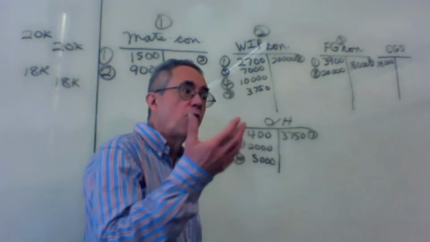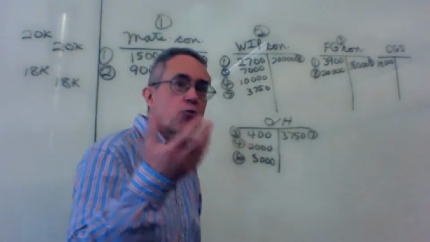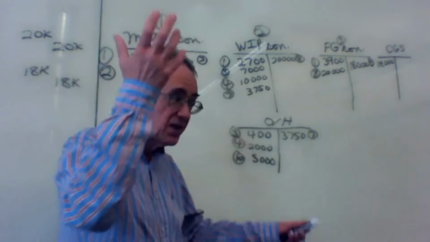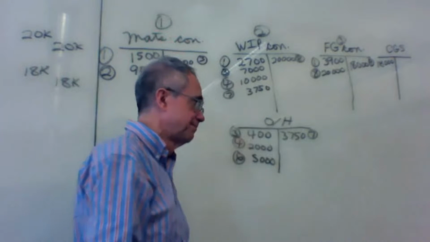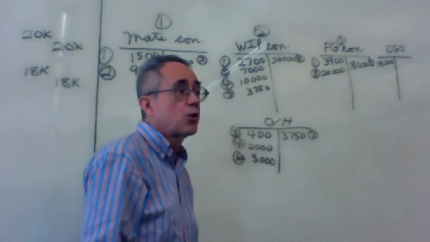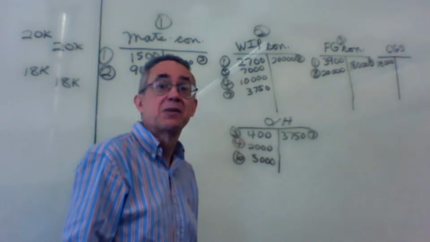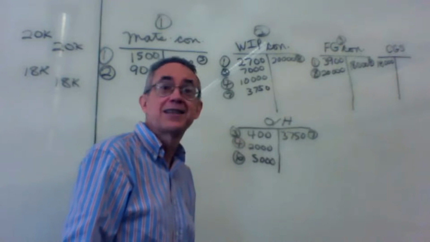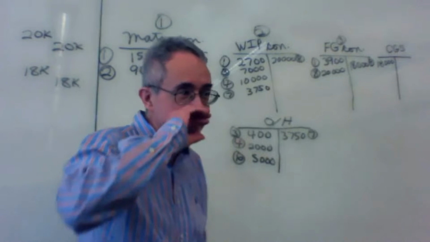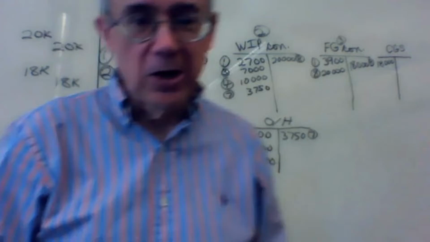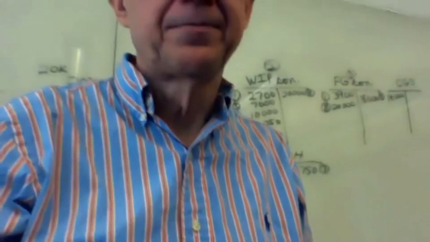But since overhead, the allocation rate really is an estimate, it's based on the budget at the start of the year, it's not going to equal unless it's a bizarre coincidence. And in that case, it's time to play the lottery. So let's see what we're going to do here to clear this up.